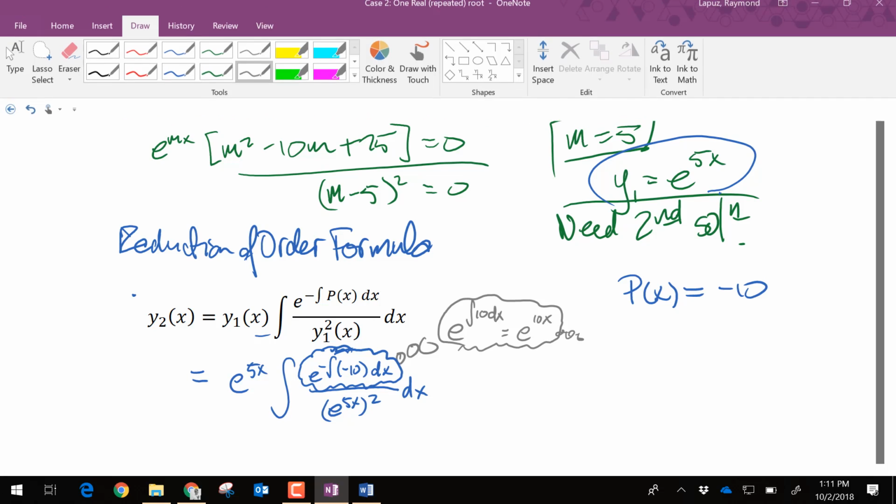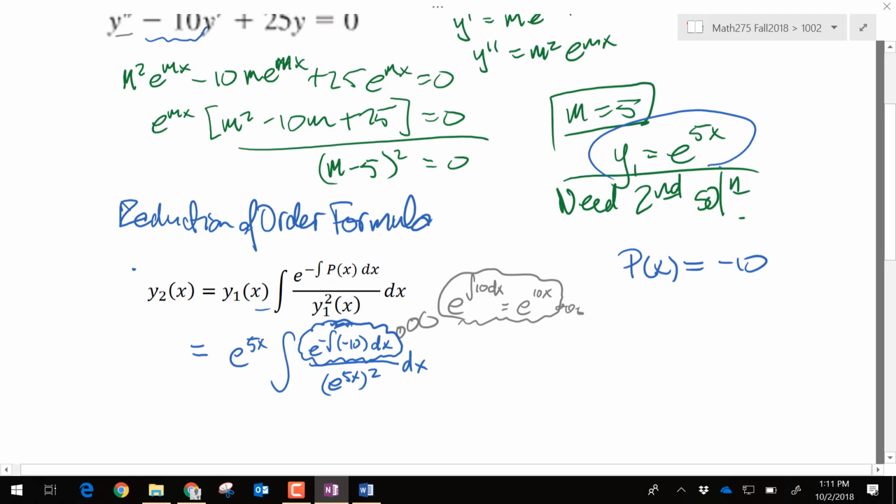And then now let's bring it back to the actual problem. We have this is equal to e to the 5x integral. We just found out that the numerator is e to the 10x, and the denominator is e to the 5x quantity squared. That's e to the 10x again. So this is 1, and integral of 1 is what? x plus c.